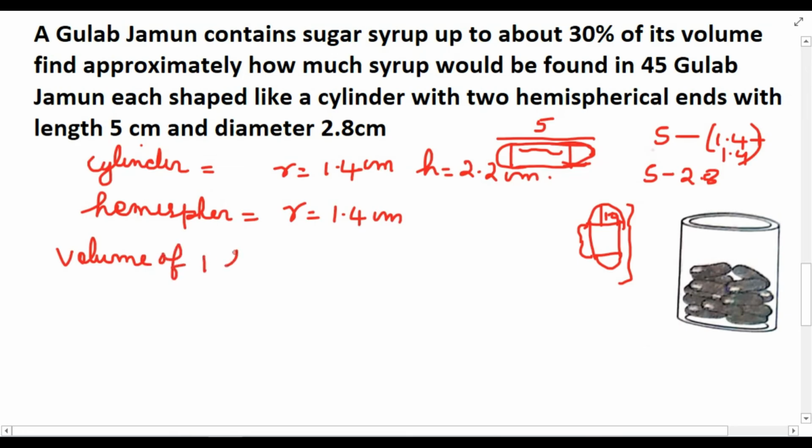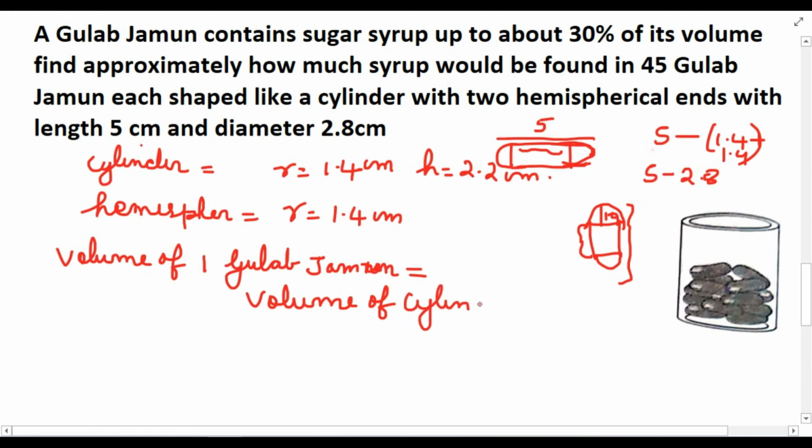Now volume of one gulab jamun will be equal to volume of the cylinder plus volume of 2 hemispheres.